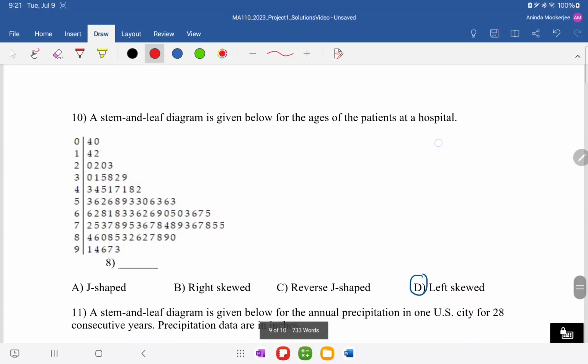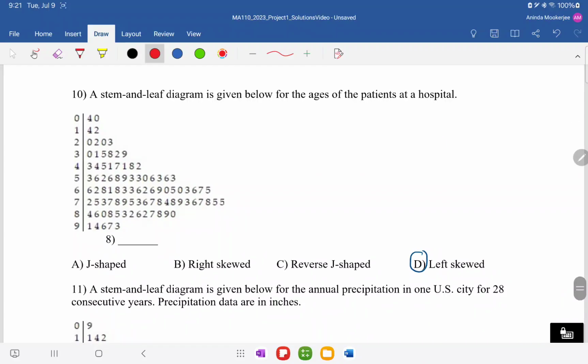Okay. Now, the last two questions are about the stem and leaf diagram, a graphical representation of data, and the question is on the shape of the distribution. Is it a J-shaped distribution, a right-skewed distribution, a reverse J-shaped distribution, or a left-skewed?